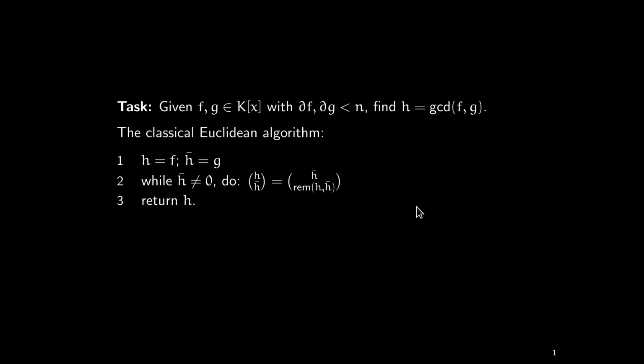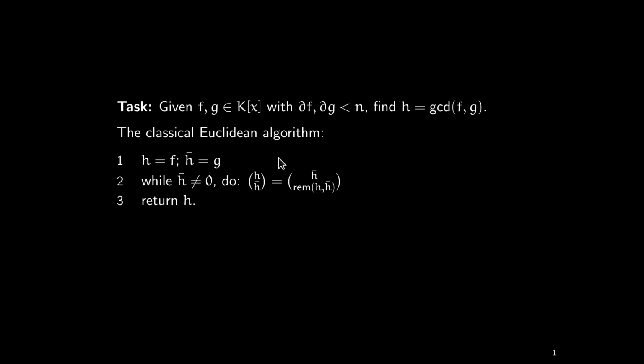This is the Euclidean algorithm, the way we learned it in Computer Algebra 1, or probably even before. And we also know that it takes quadratic time. And we are not happy with quadratic time, so we need to improve this.